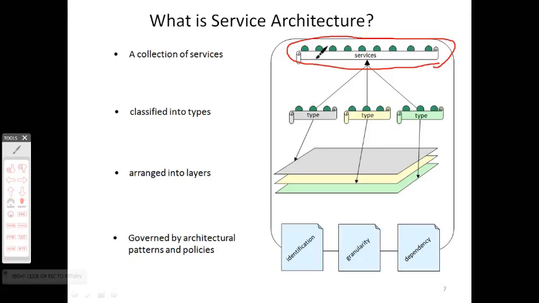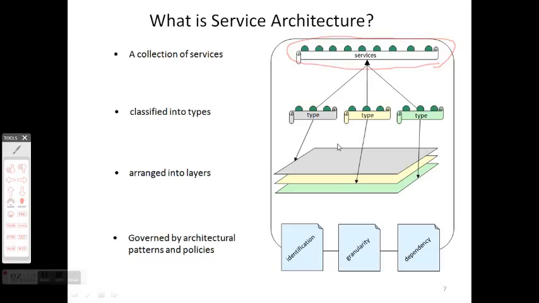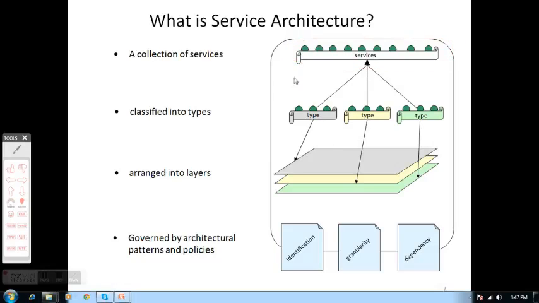In a sales operation, you may need different types of services, such as finding a product, pricing a product, ordering a product, and so on, until an invoice is actually issued.